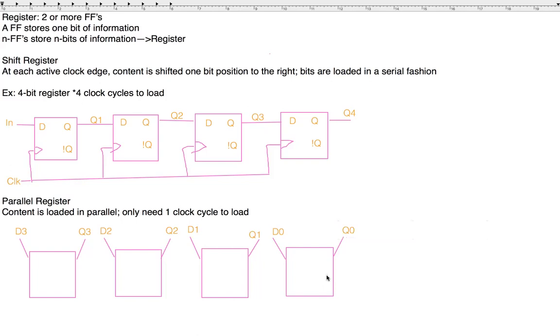Remember how it's only one clock cycle to load in for all of them. What we're going to have here is a clock, looks like 2, 3, 4. Let me draw down here, down here, down here, and down here. Okay, and now I'm gonna have it all connected.